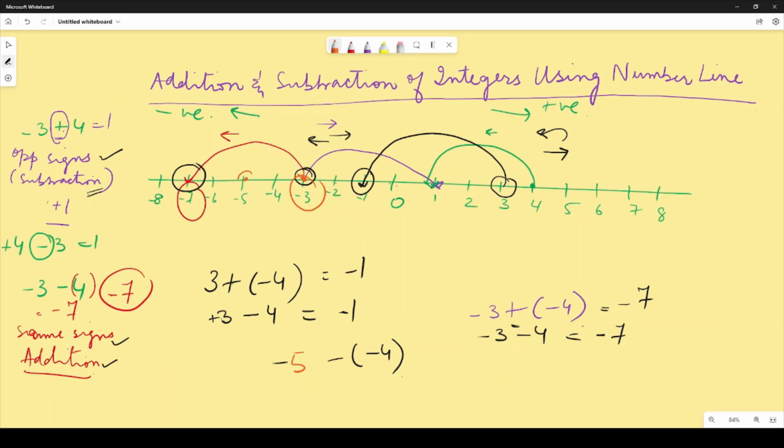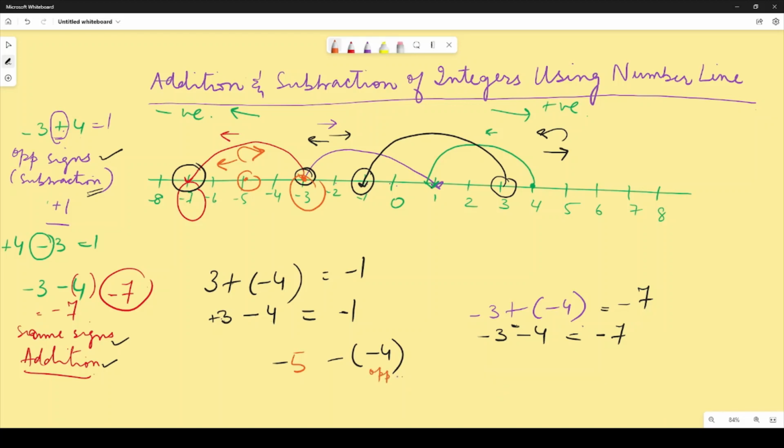So I'm starting over here, and the operative sign is minus, so that means I will tend to move in this direction. But the sign here is a negative sign, so it will ask me to turn my direction once again and move 4 steps in the opposite direction.